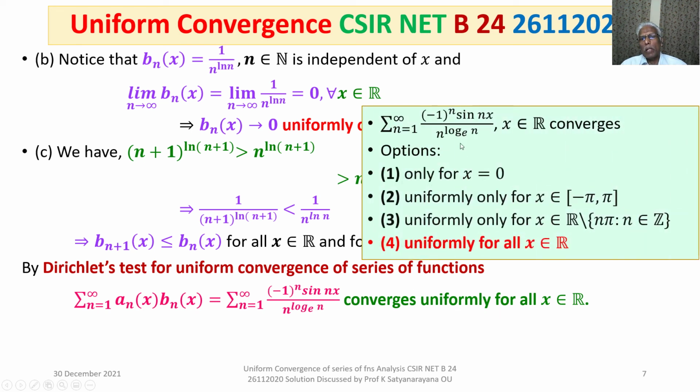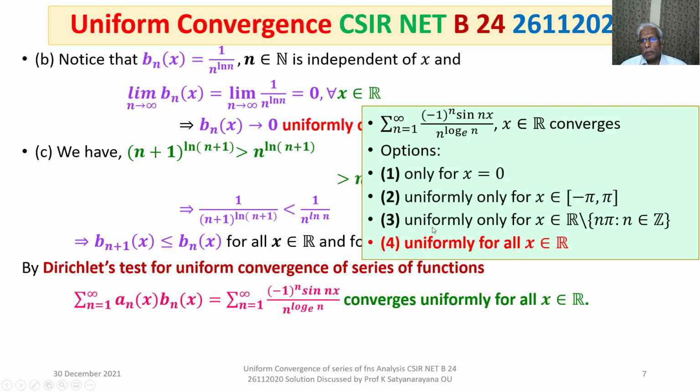Now let's look at our options. Option 1 says it converges only for x equal to 0. It converges uniformly for all x belongs to R. Therefore, option 1 is not true. And option 2, uniformly converges only for x belongs to the closed and bounded interval minus pi to pi, but it converges uniformly for all x belongs to R. Therefore, option 2 is not true.